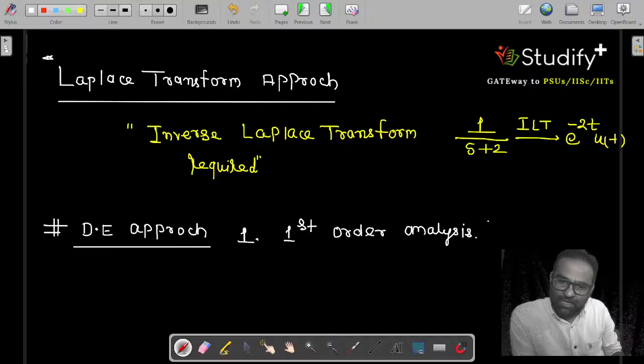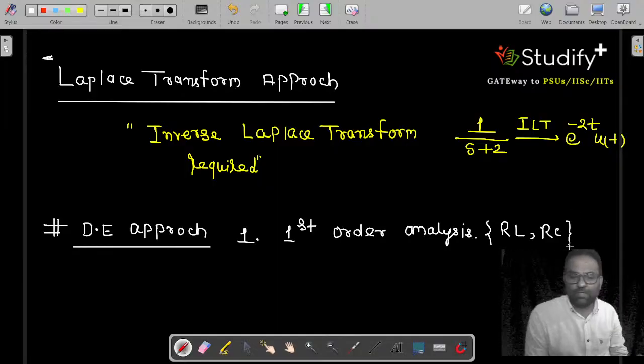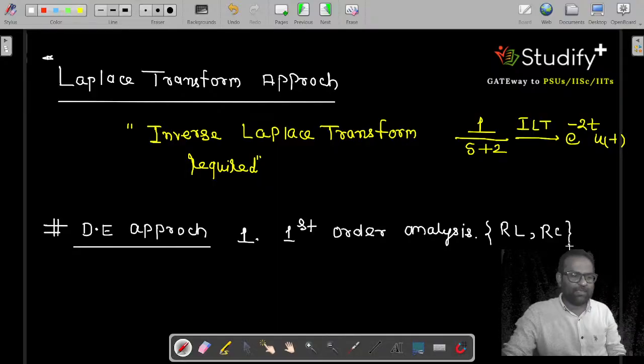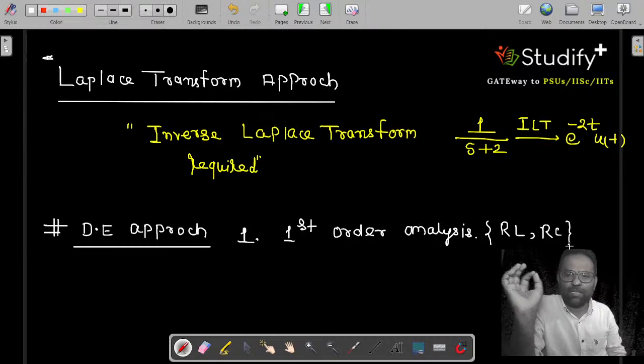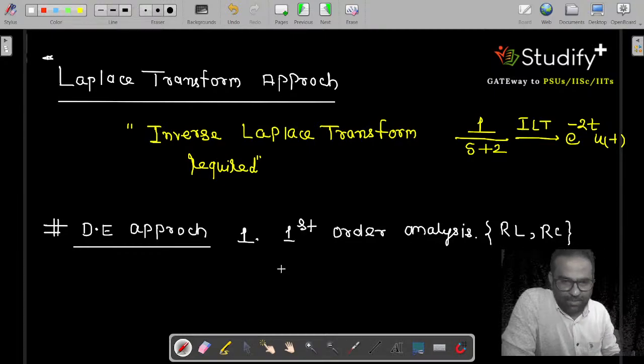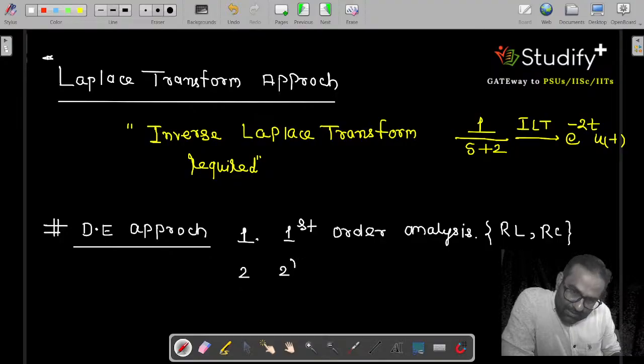What is first order analysis? We will analyze RL circuits and RC circuits. I hope everyone is aware of what the order of analysis is, meaning the highest differentiation available in the differential equation is 1. Then we will go for second order analysis.